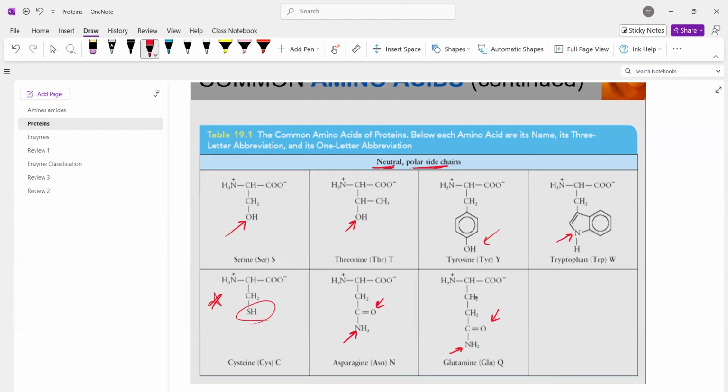Glutamine is another interesting amino acid that's related to glutamic acid, which is where we get MSG. So that's the second basic group.